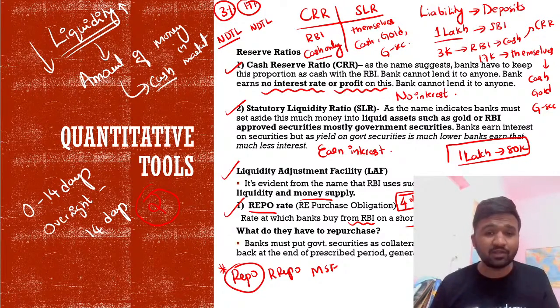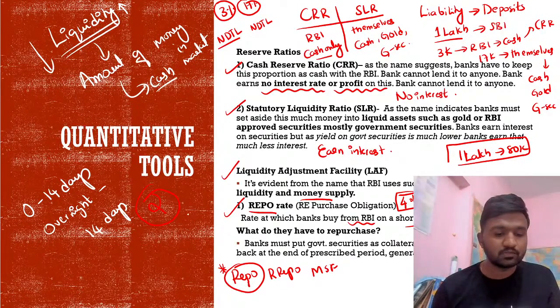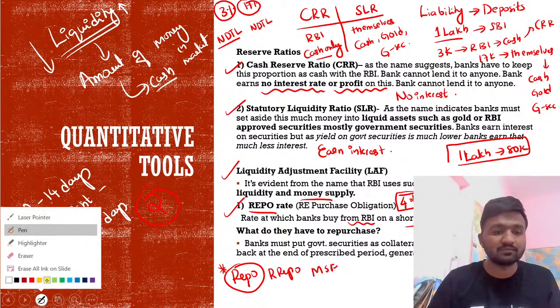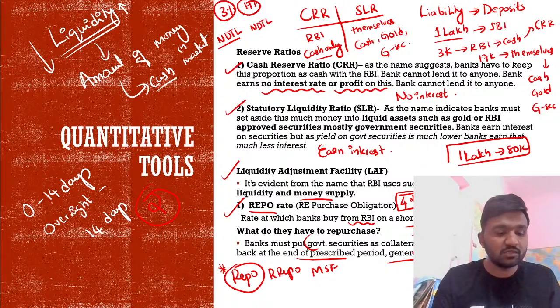This we call repo. If banks are taking a loan, RBI wants something as collateral. How can RBI trust that the banks will repay or not? So RBI wants collateral, and the banks keep government securities as collateral, to be bought back by the bank at the end of the prescribed period, generally overnight.